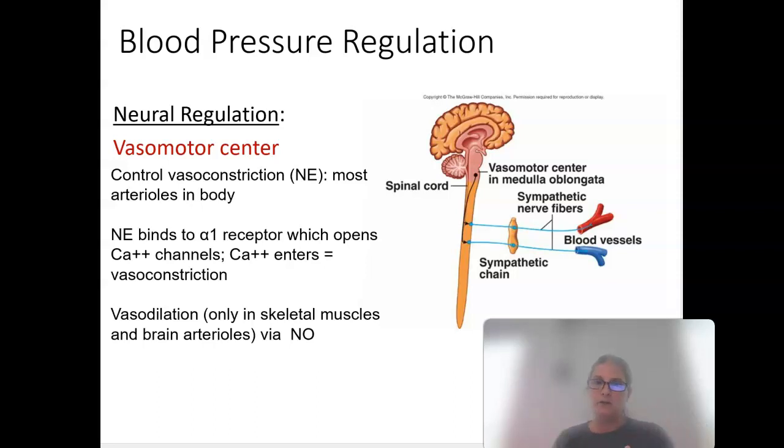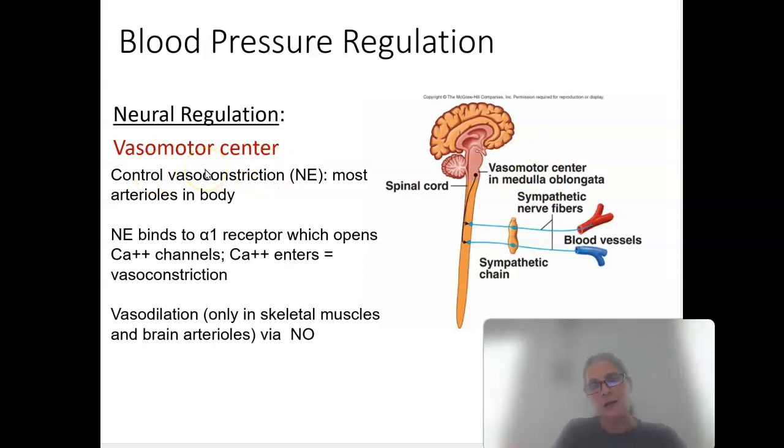Now, you've already learned reflexes. You've already learned the baroreceptor and chemoreceptor reflex and how they affect heart rate. We have one more center we have to look at, and we're going to put them all together. So in addition to the cardiac centers, right, the cardioacceleratory and cardioinhibitory centers in the medulla, there's one more center. It's called the vasomotor center.